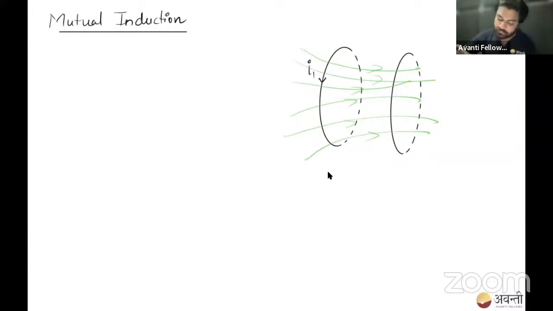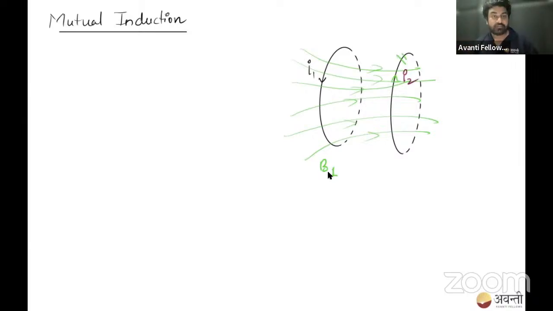Let's say B1 is the magnitude. Now, when this B1 interacts with the second coil, it will form an EMF in this coil and induce a current in it. Let's say that is I2.